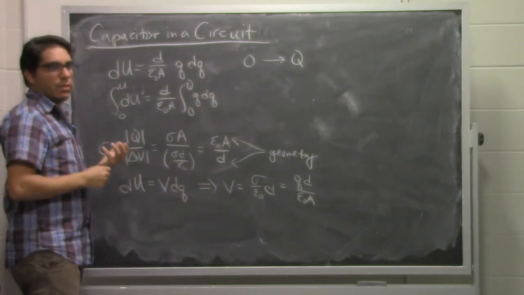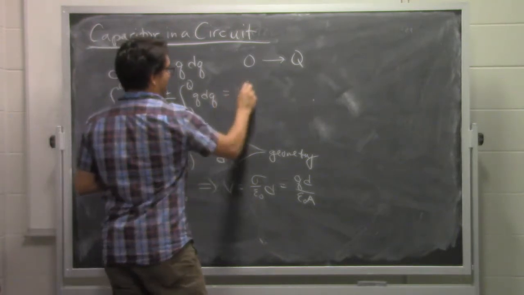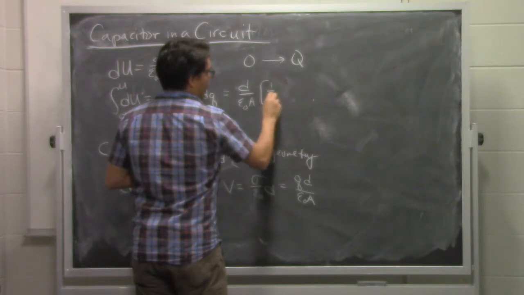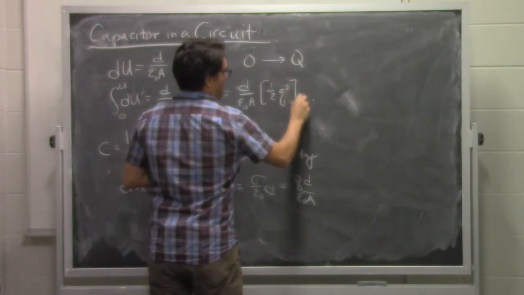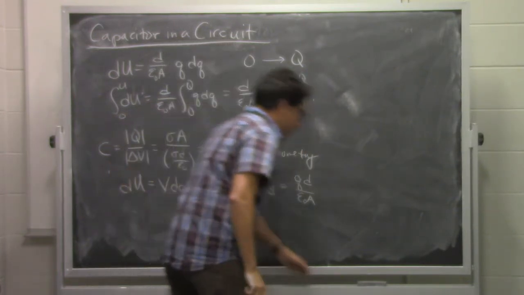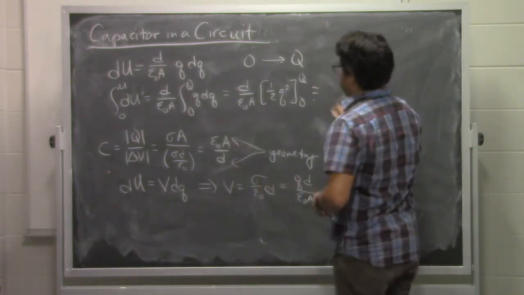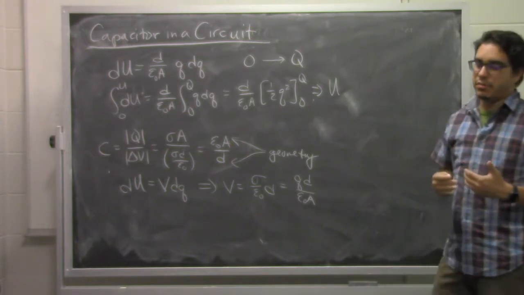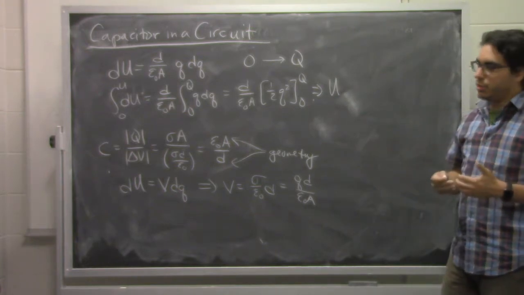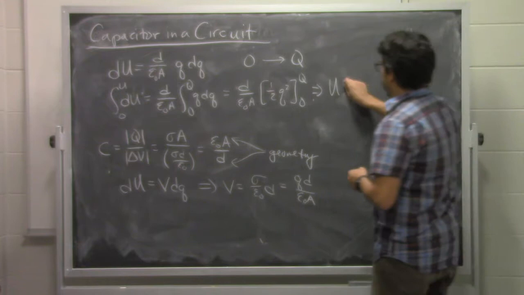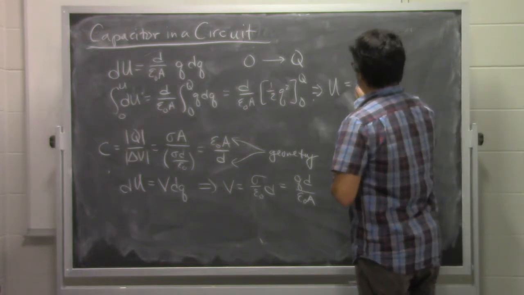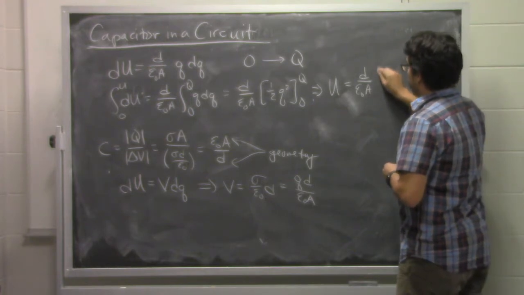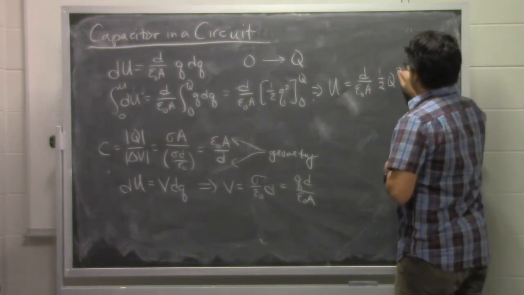That's 1/2 little q squared, evaluated at the endpoints. Okay? So what that's going to give us is that the total energy associated with taking a capacitor from no charge to a total charge Q is equal to some constant, d over epsilon naught a, times 1/2 big Q squared.